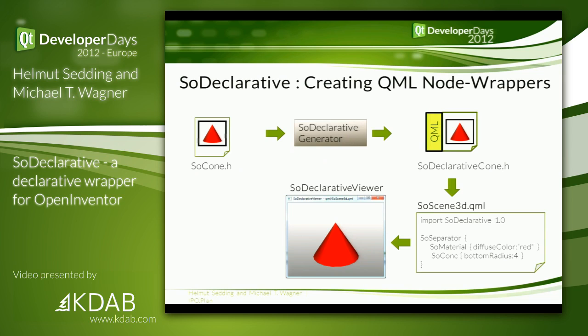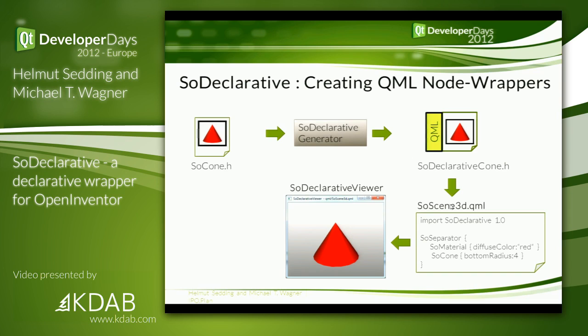What we did is write a generator which traverses the inventor nodes and generates for each node type a declarative wrapper class.